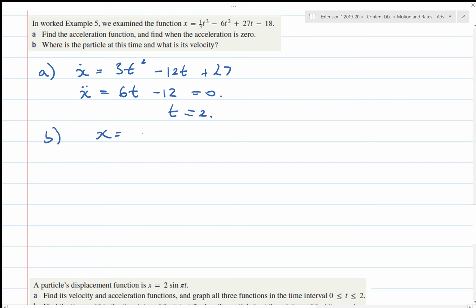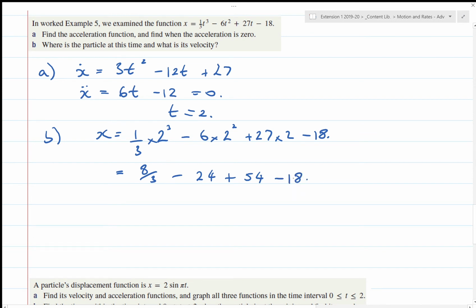So x is, oh man, plus 30 plus 12. What's that? 2 2/3. So 14 2/3.